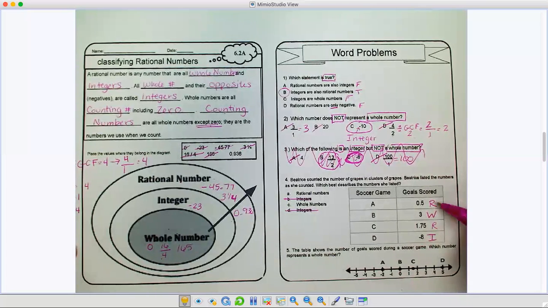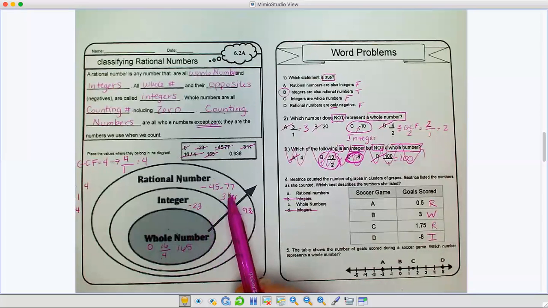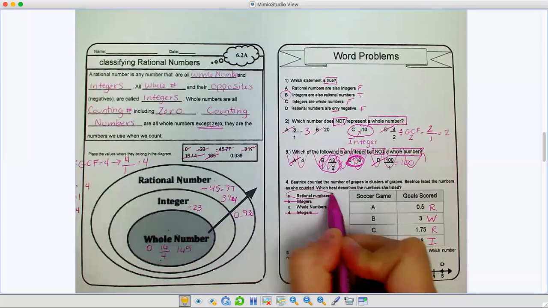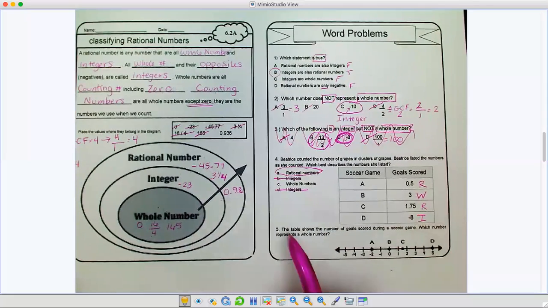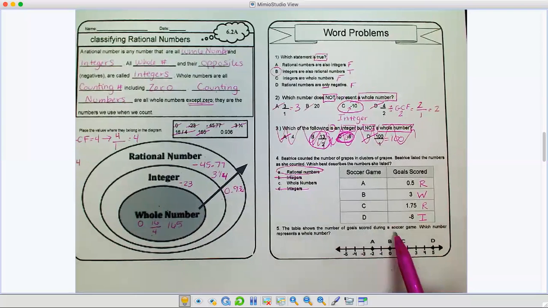Now, I understand that we have rational whole, rational integer. However, we need to be careful because it says we want to know one that can name all clusters. So which word says that it can be a whole number, an integer, and rational? A rational number.